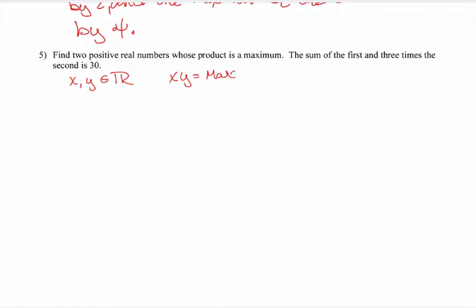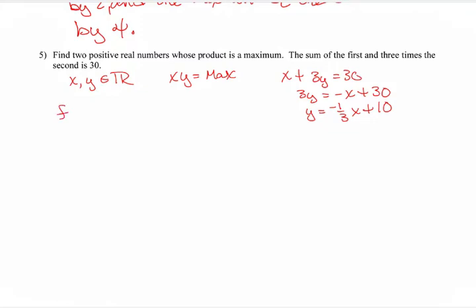And the sum of the first, so x plus 3y equals 30. So if I have x plus 3y equals 30, then I know 3y equals minus x plus 30. So y equals minus 1/3 x plus 10.